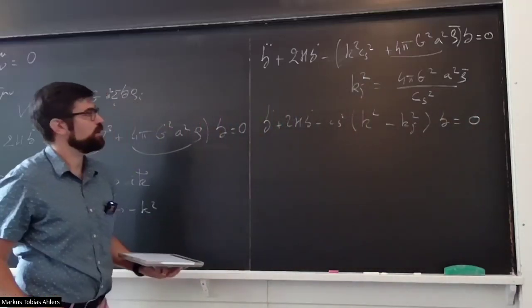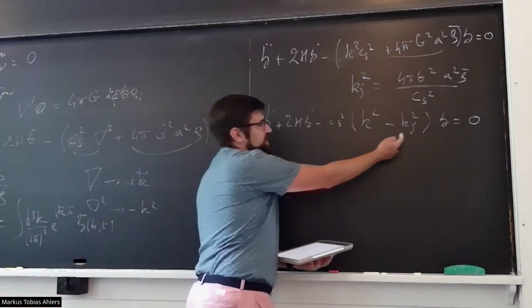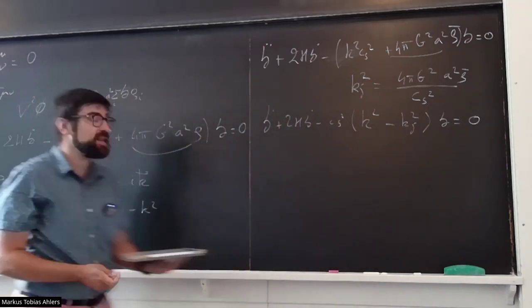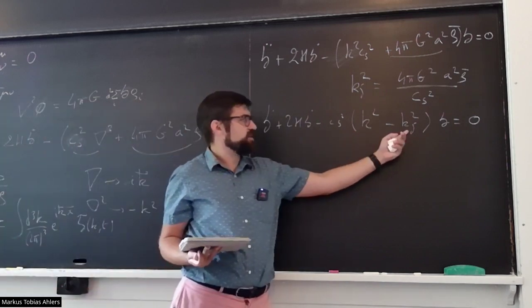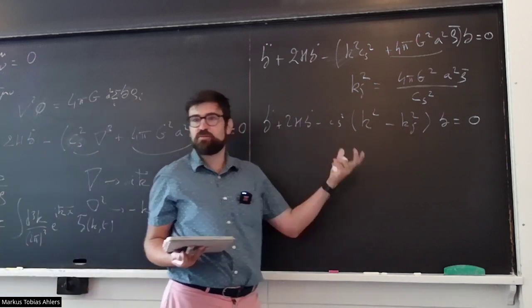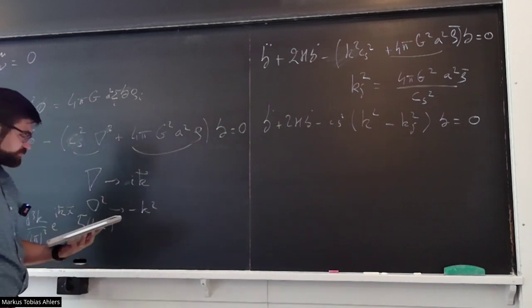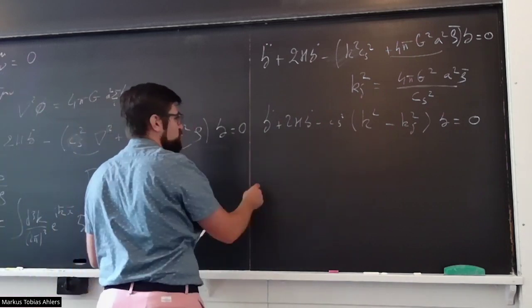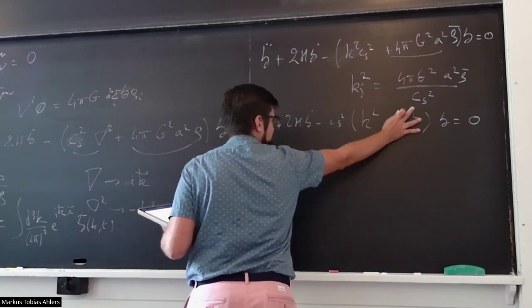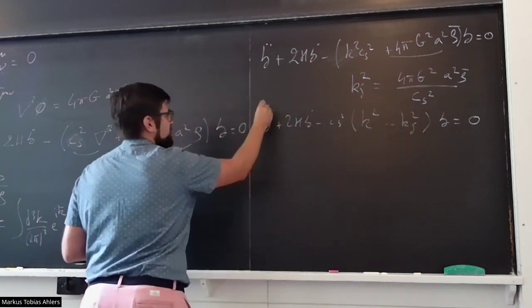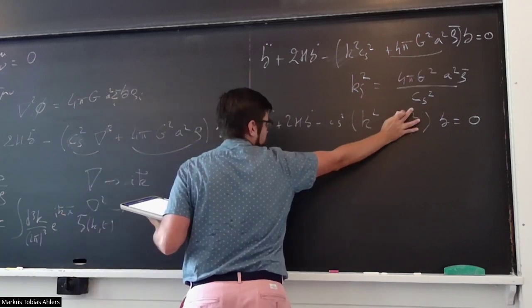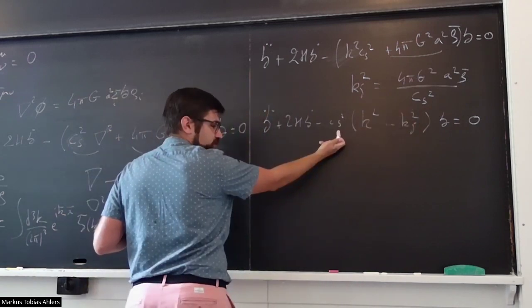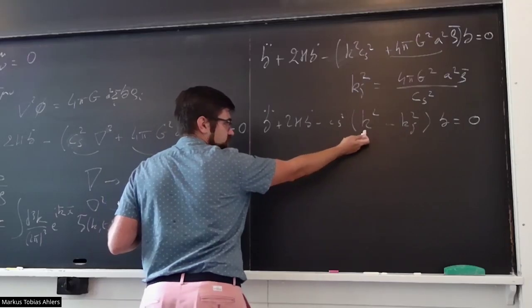And just now, you see that this defines this important scale that will be at the heart of our suppression here. Depending on whether k is greater than kJ or smaller than kJ, the equations will be different. For k much greater than kJ, this term is negligible, and what I get is a harmonic oscillator equation with a frequency given by c_s squared times k squared.